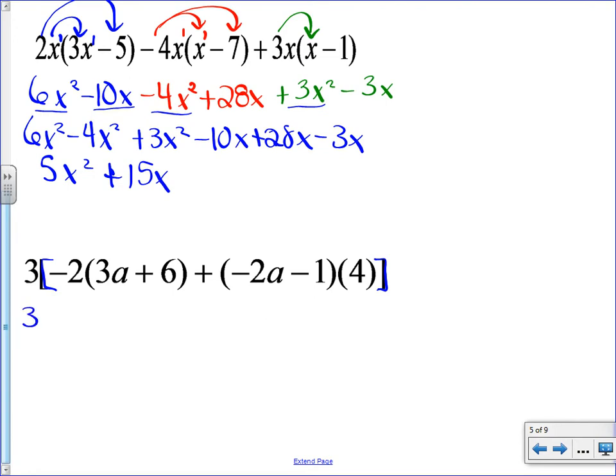So I'm going to write that 3, carry that 3 down, continue to write my square bracket, and then do the distributive property here. So Ben, when I do the distributive property here, what do I get? Perfect. Okay. Vanessa, this one looks a little bit different.